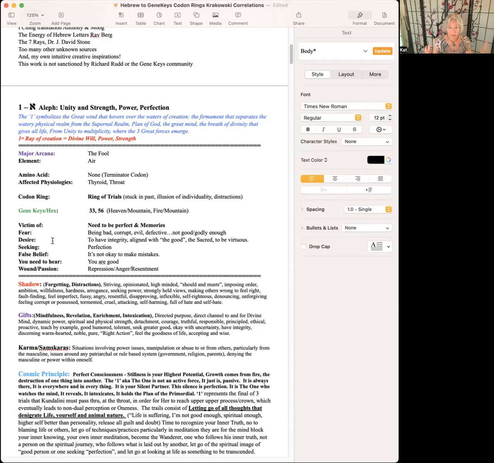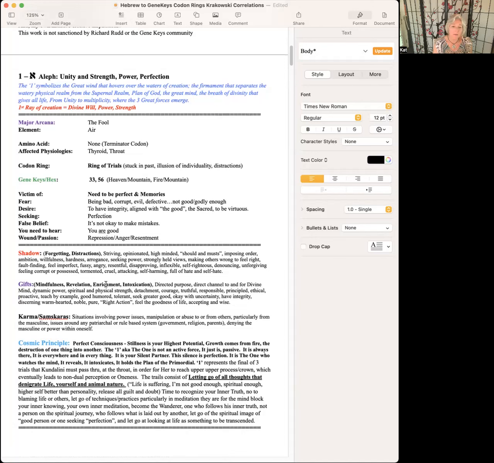So a lot of it is my own intuitive get. It doesn't necessarily have to be right, but it's my own inspiration. And what I've included down here, the cosmic principle, is just a stream of consciousness about the qualities of this letter, and what this letter is trying to teach us.